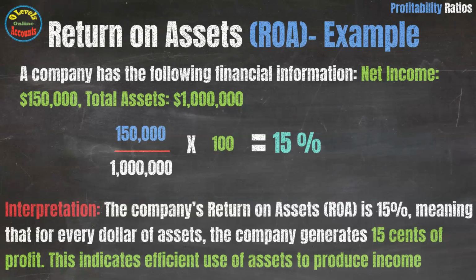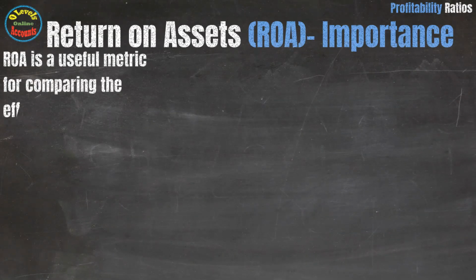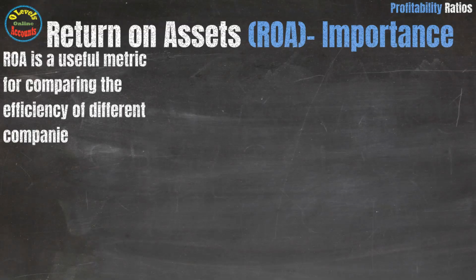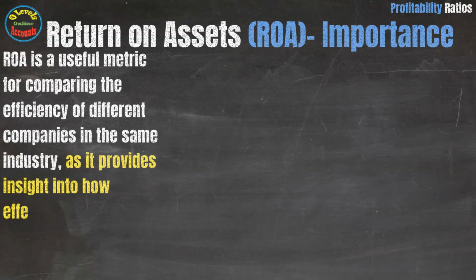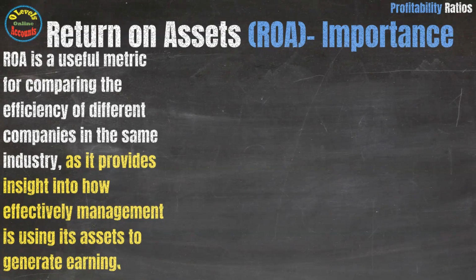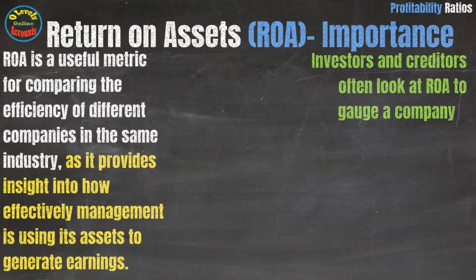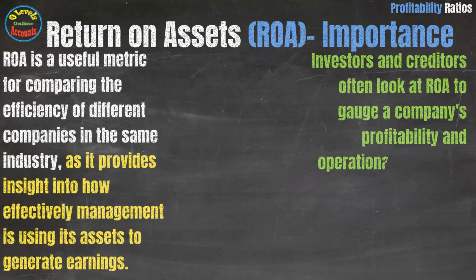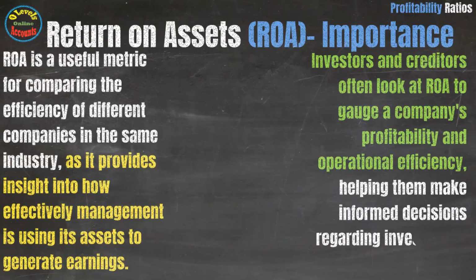Let's check its importance. ROA is a useful metric for comparing the efficiency of different companies in the same industry, as it provides insight into how effectively management is using its assets to generate earnings. Investors and creditors often look at ROA to gauge a company's profitability and operational efficiency, helping them make informed decisions regarding investments or lending.